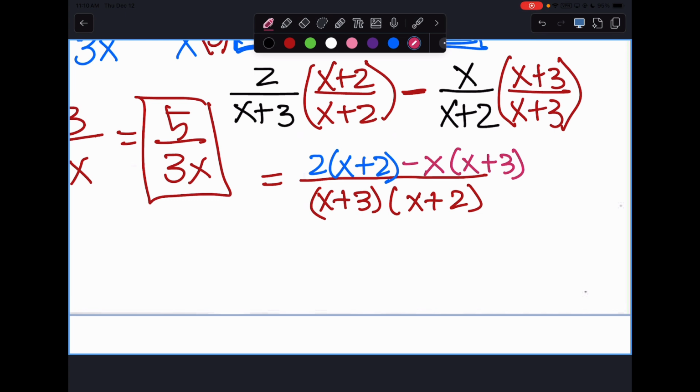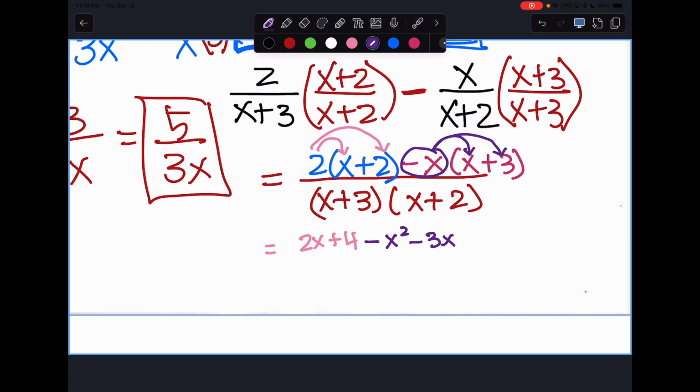Yeah, distribute. I'm going to distribute 2 to the x and 2 to the 2. Then I have 4, I jumped the gun. 2x plus 4. And then the second one will be negative x times x and negative x times 3, making it negative x squared minus 3x.